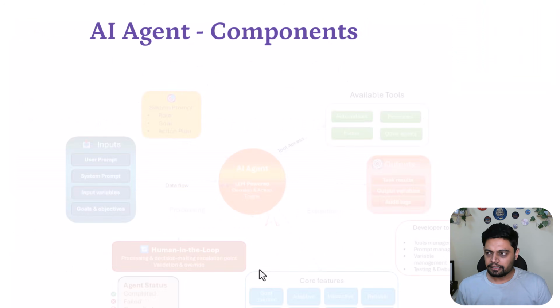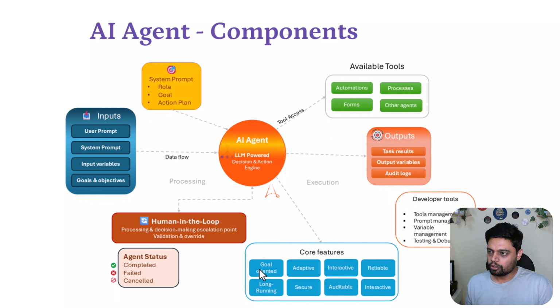Now in this diagram, we will see the components of an AI agent within the Automation Anywhere platform. What you see at the center is the AI agent. Then it has access to tools. What are the types of tools available within the Automation Anywhere platform? Then there is the system prompt, where you can provide the role of the agent, the goal it can have, and the action plan that it has.